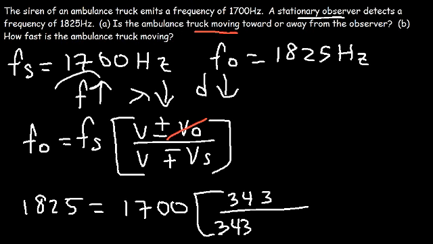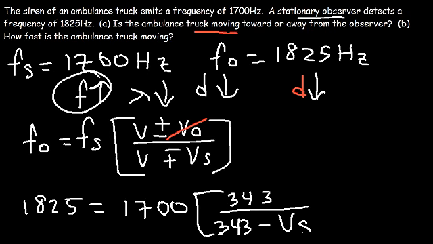Now because the frequency increased, that means that the value of the denominator must decrease in order to increase the value of the whole fraction. So we have to use the negative sign, the upper sign, instead of the lower sign.